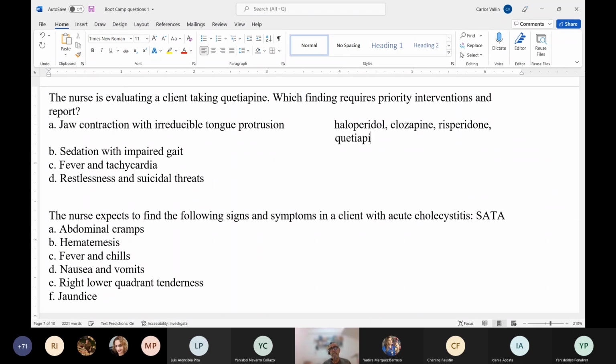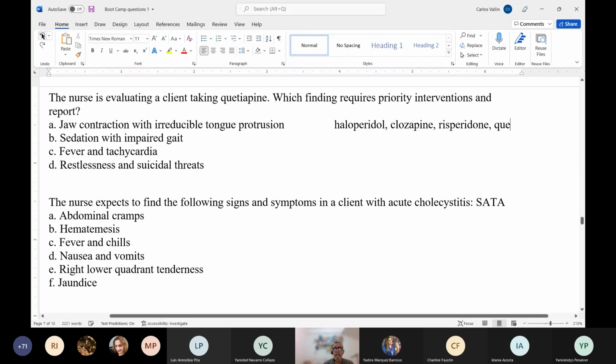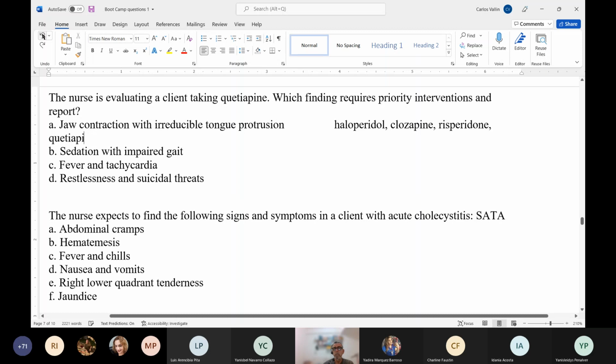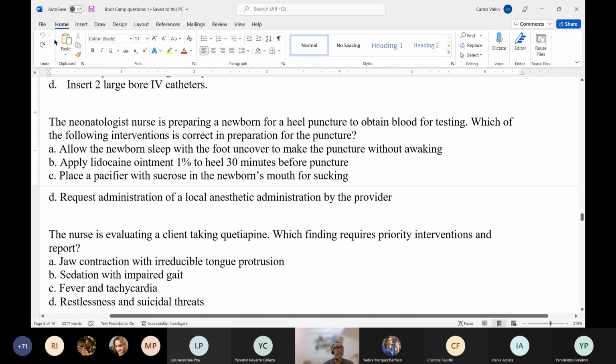There are many others, like aripiprazole, etc. But please, at least try to identify these four medications by name as antipsychotic medications. So now you are getting the idea of what your challenge is going to be in NCLEX in relation to pharmacology.